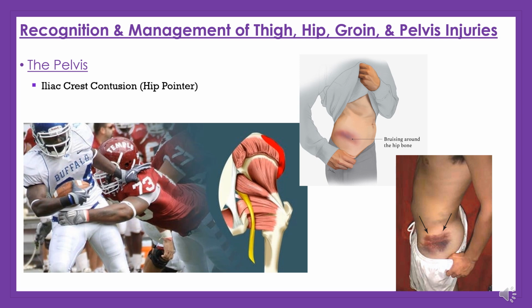So especially in sports like hockey and football or even lacrosse, even soccer, we would want to make sure that this is protected with some sort of foam padding so that the contusion is able to recover. Ice cup massage is also a great way to help treat and heal this injury, but like with other contusions, the best medicine is time and moving as normally as possible to allow this to heal.